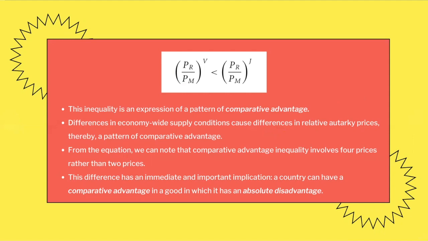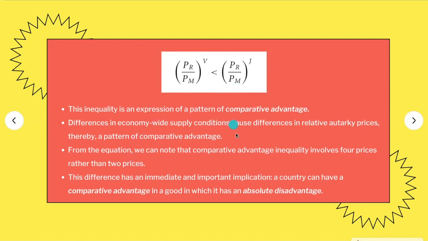These differences in economy-wide supply conditions cause differences in relative autarky prices, and thereby a pattern of comparative advantage. These differences make trade possible. From the equation, we can note that the comparative advantage inequality involves four prices rather than two prices. As you can see here: 1, 2, 3, 4.